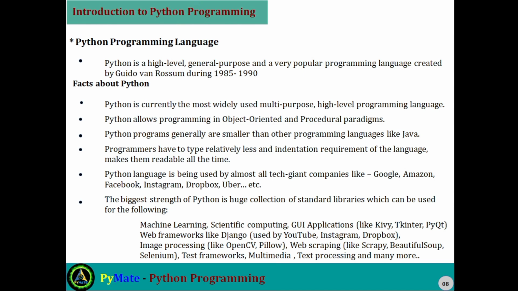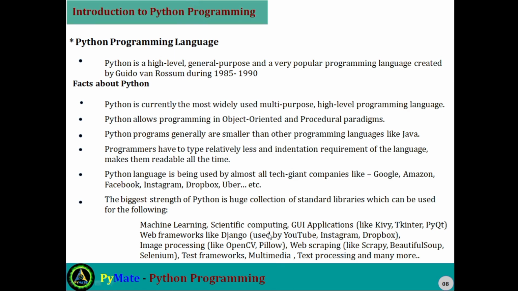And web frameworks like Django, used by YouTube, Instagram, Dropbox for their development. And image processing like OpenCV and the Pillow library in Python, and web scraping like Scrapy, Beautiful Soup, Selenium. All these are used for web scraping, to extract data from other websites online.